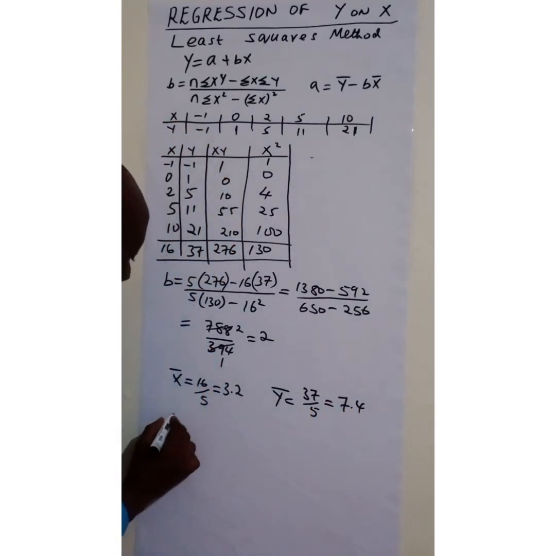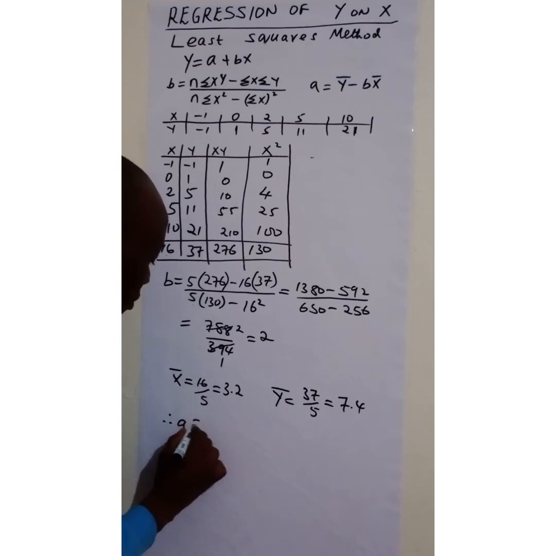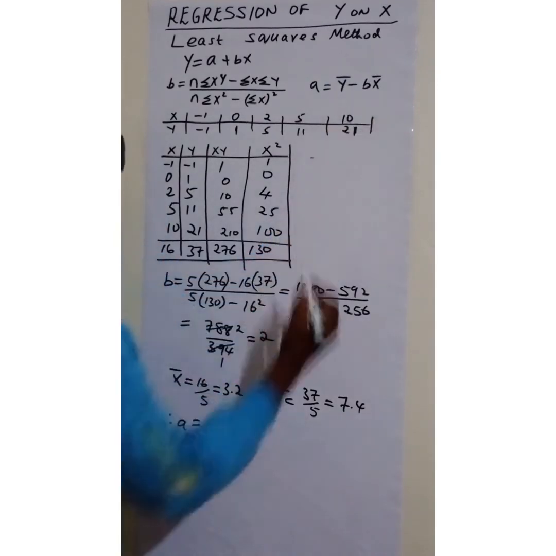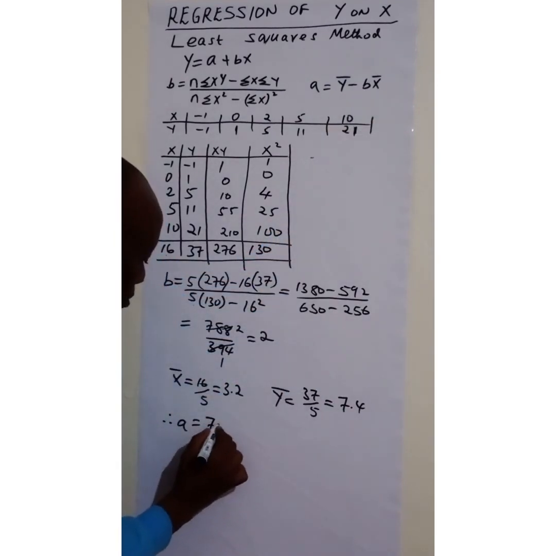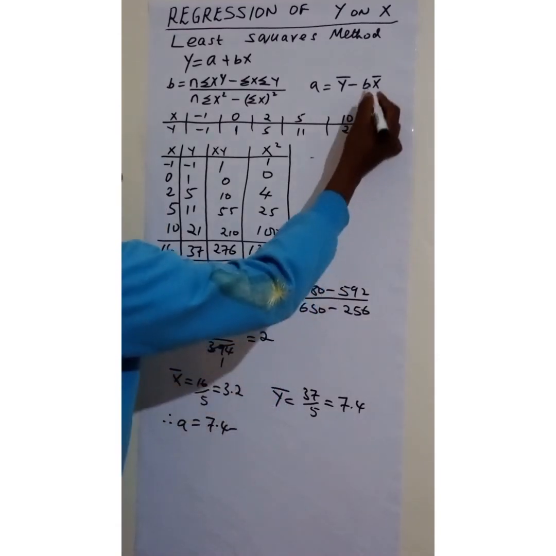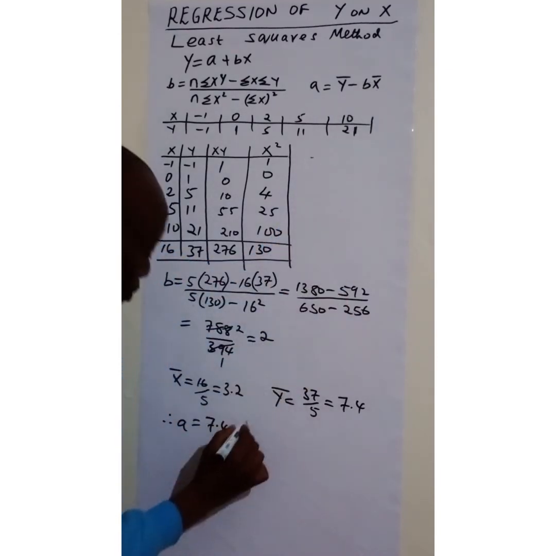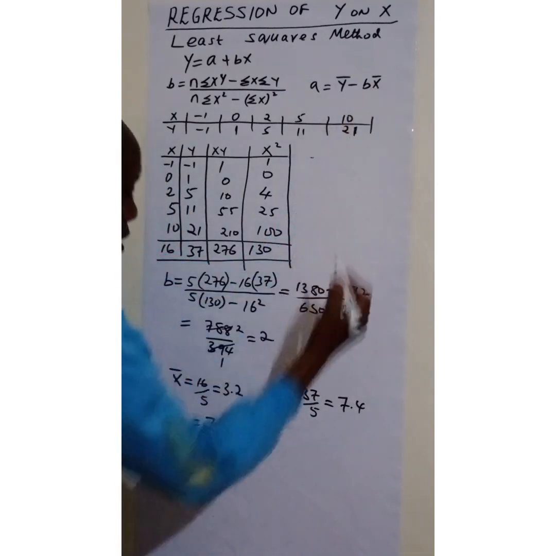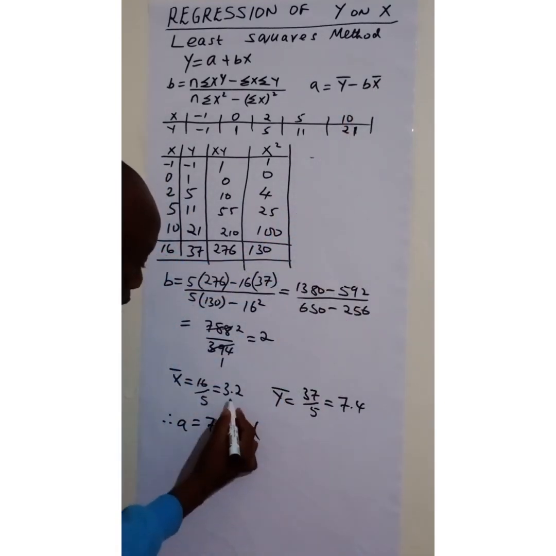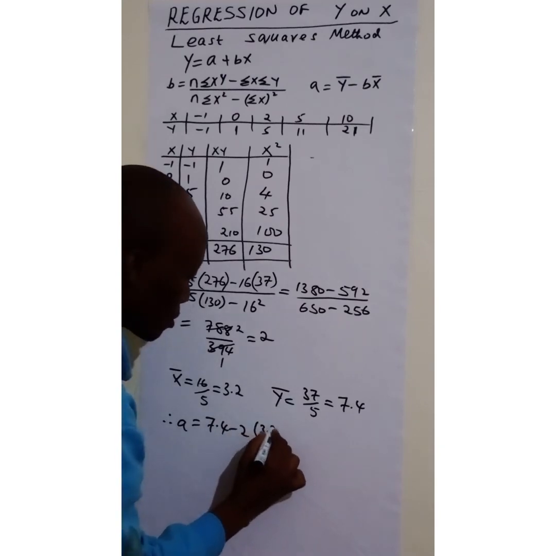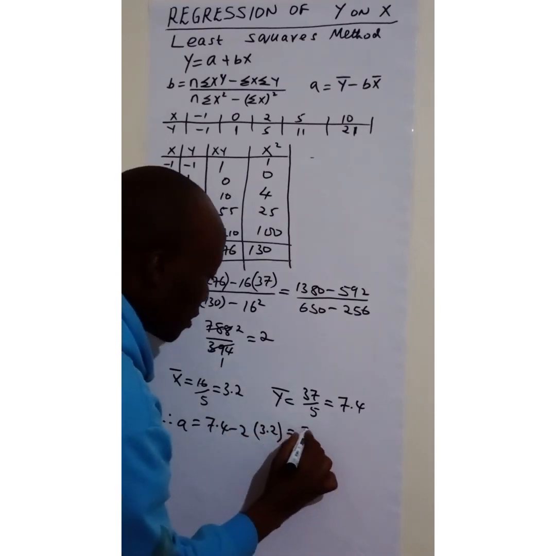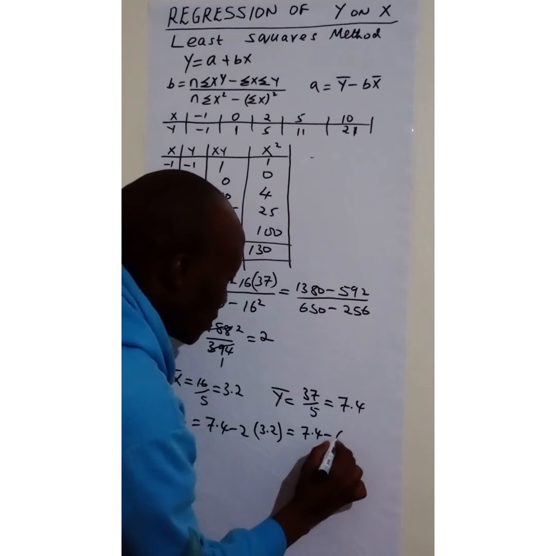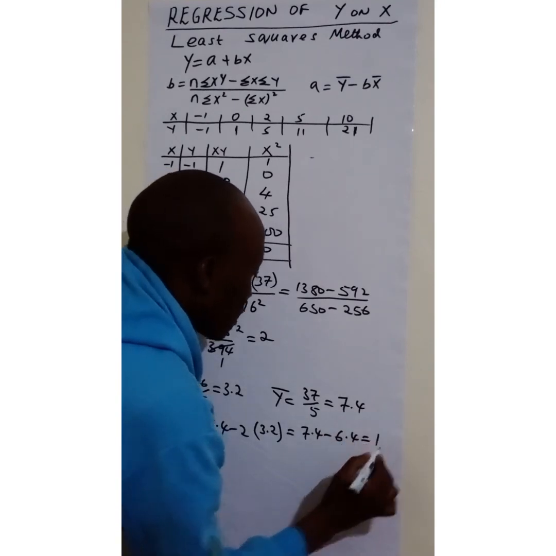So a will be equal to the mean of y, which is 7.4, minus b, which is 2, times the mean of x, which has been calculated and found to be 3.2. So that will be 7.4 minus 6.4, giving an answer of 1.